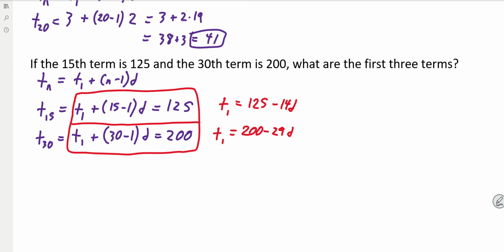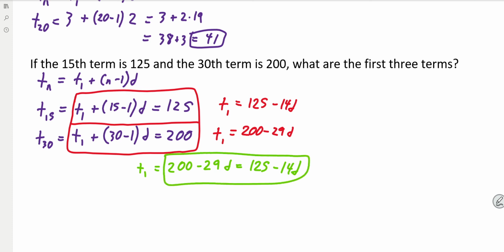Now that we have these two equations, we can simply make them equal to each other because they're both equal to T1, thereby removing the T1 variable. This allows us to solve for D.